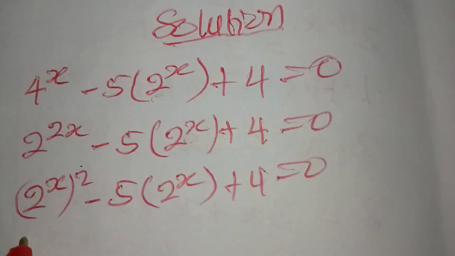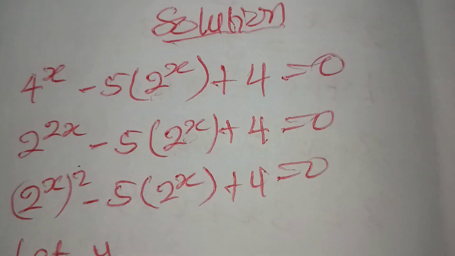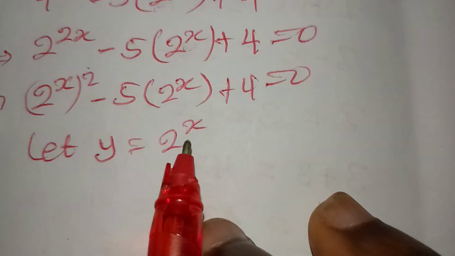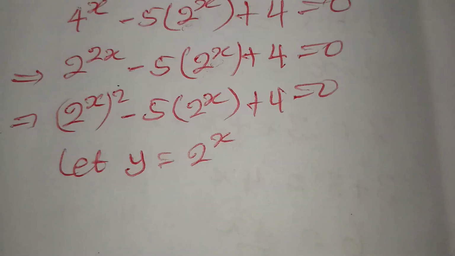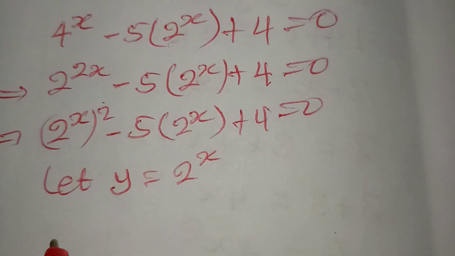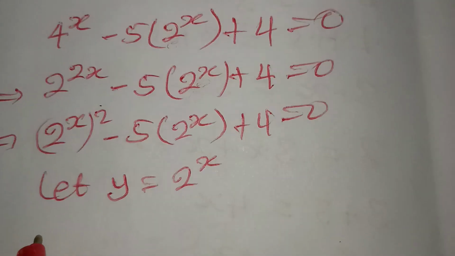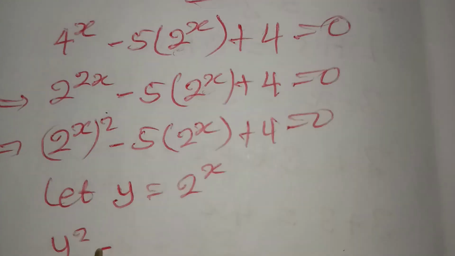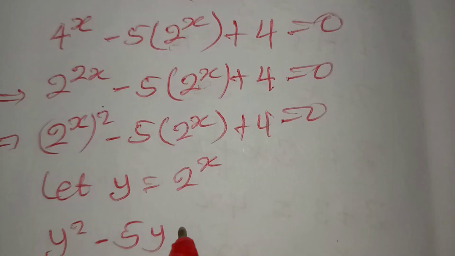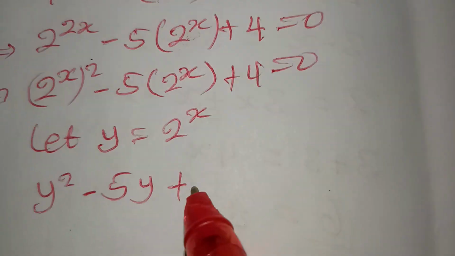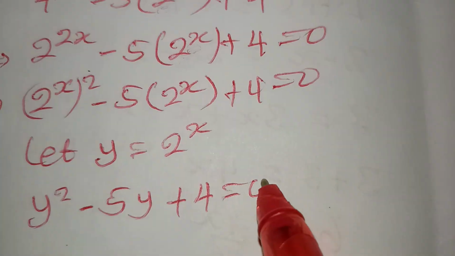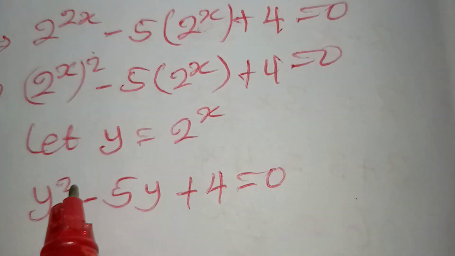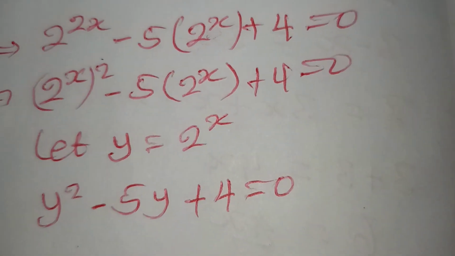So here we can let y equal 2 exponent x. Having done this, we can easily do the substitution. We will have y exponent 2 minus 5y plus 4 equals 0. Clearly this equation now tends towards a quadratic equation.